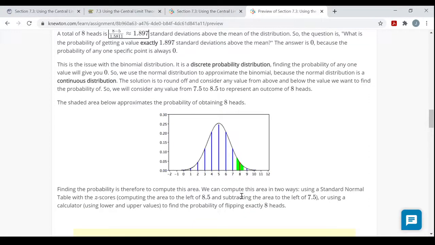So if I'm flipping these 10 coins and I want the probability of getting exactly 8 heads, and you use this normal curve to approximate it, you're not going to use the area just under 8. That's 0. There is no width. So you're going to go to the halves, 7.5 to 8.5, in that area to get your approximation.